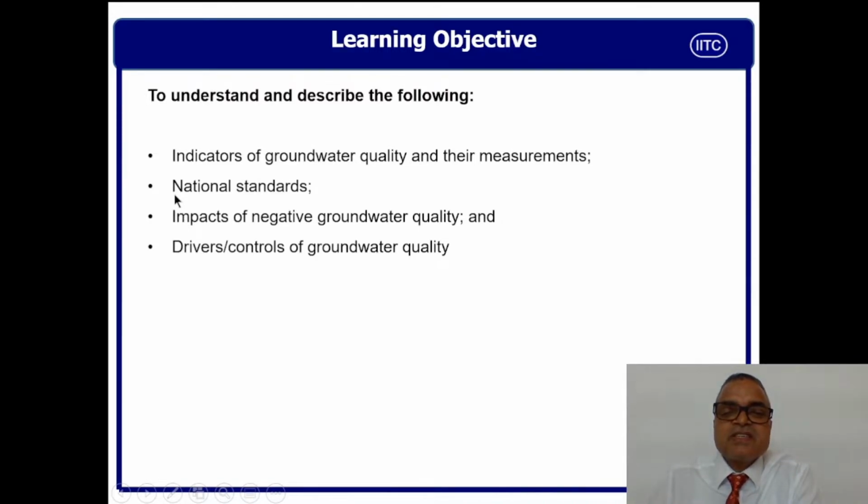Probably we will not discuss in length, but yes, we will. Impact of negative groundwater quality: what is the impact of poor groundwater quality? Drivers and controls of groundwater quality. We will see what the initiatives and control measures are so that we can protect groundwater quality and prevent groundwater pollution.